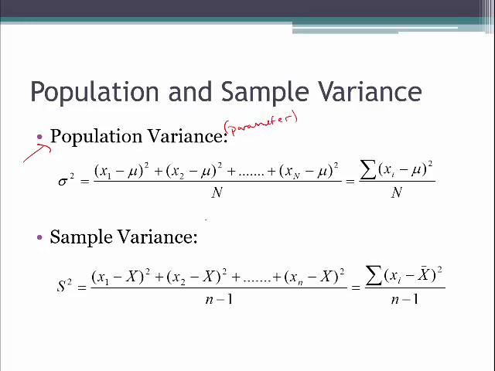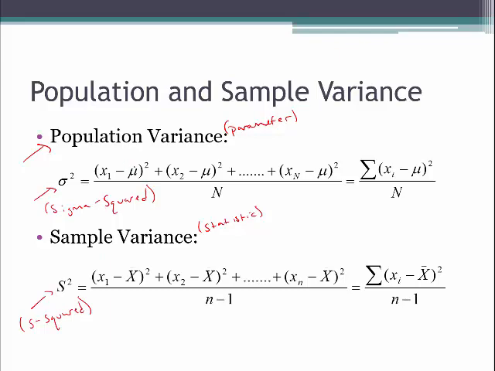And we have the sample variance, which is a statistic. The population variance gets the notation sigma squared, the Greek letter sigma, and the sample variance is literally just s squared. We use s to denote the sample variance.